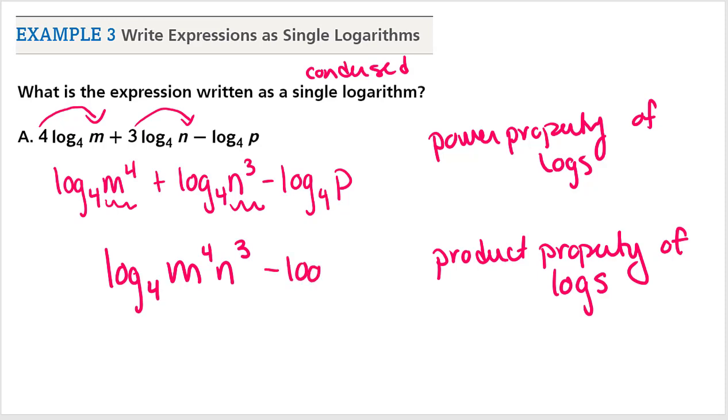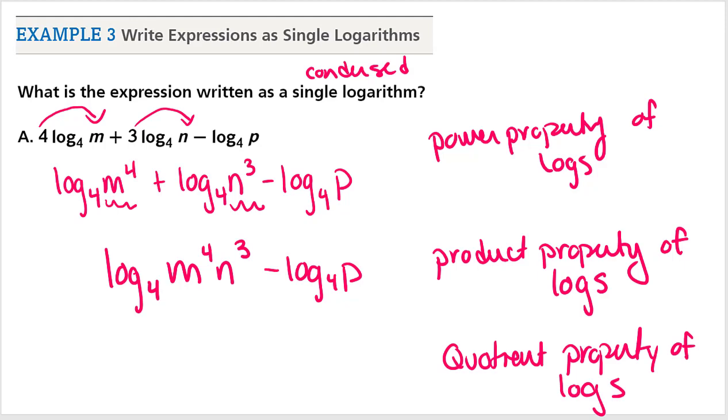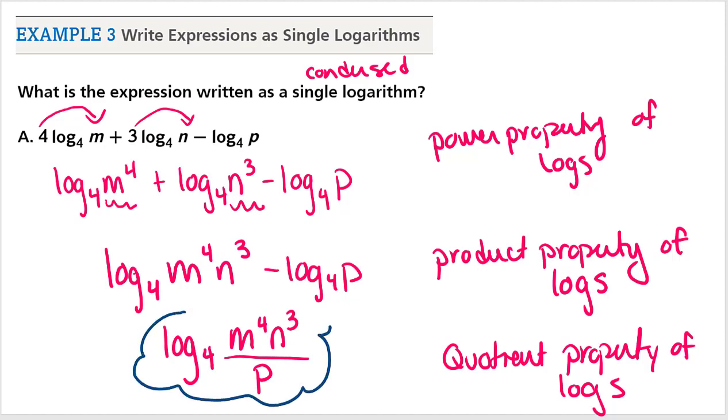And then the last thing that we're going to do is use our quotient property. So when we have that subtraction, that means that the p is going to end up being in the denominator. So we write this as one final logarithm with m to the 4th n cubed over p. And this is our final answer.